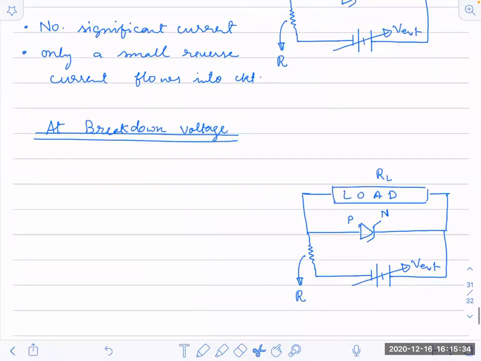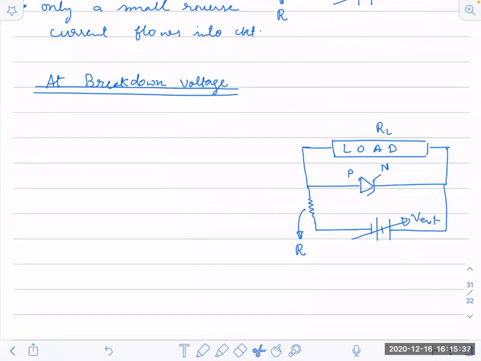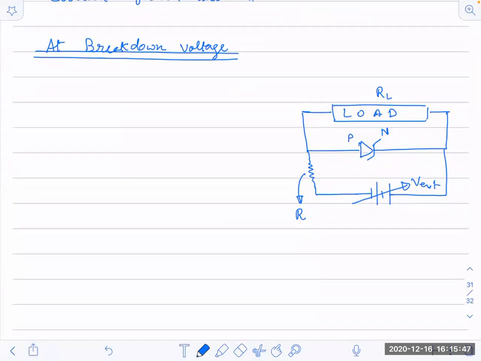Now see here, at breakdown voltage, what will happen? During breakdown, a huge amount of current will start to flow.